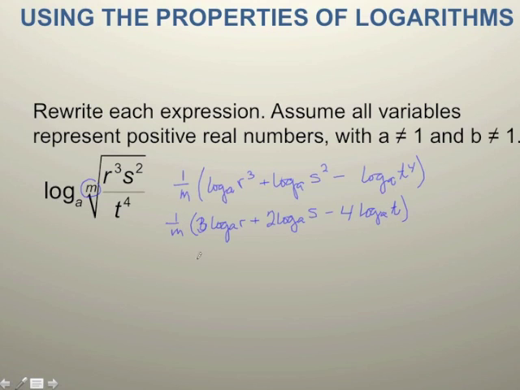Now we can take care of this 1/m. So we'll have 3 over m log base a of r plus 2 over m log base a of s minus 4 over m log base a of t.